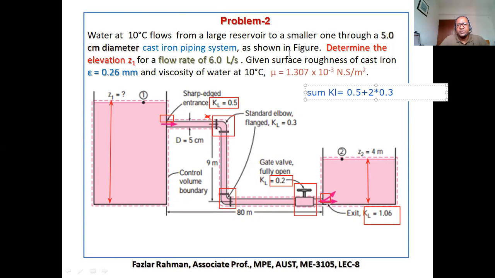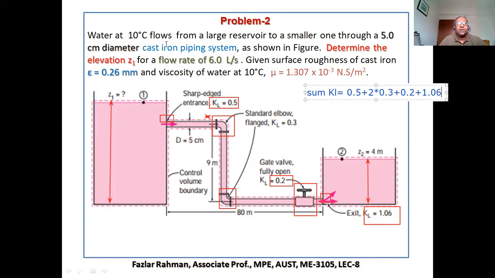This is one loss. Due to the valve, there is one loss, 0.2. And the other loss, sudden expansion entering the tank, 1.06. That is the total sum of KL. This value you multiply by V squared by 2g, so you'll get the minor loss.